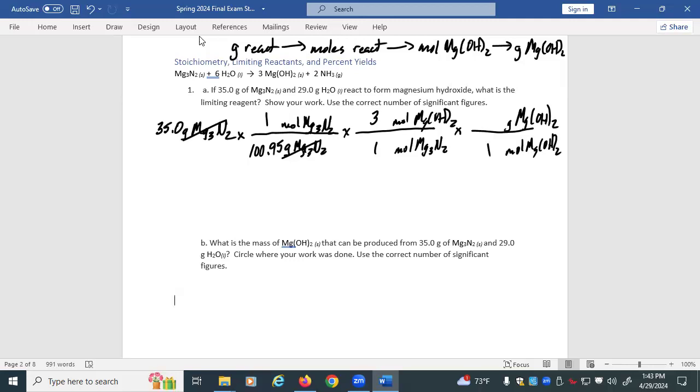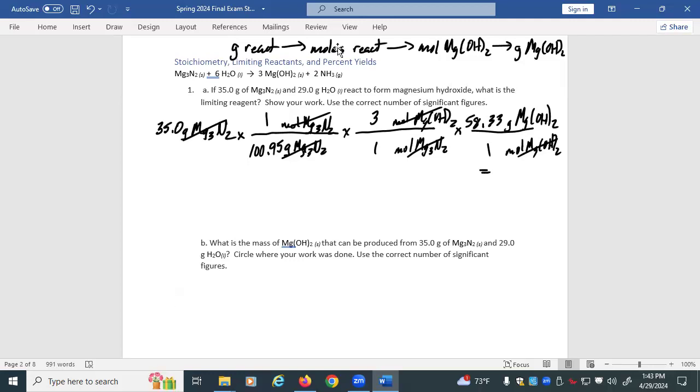For that, I need another molar mass. So magnesium is 24.31. There are 2 oxygens, so 16 for oxygen times 2, and 2 hydrogens, 1.01 for hydrogen times 2 as well. 58.33 is the molar mass.